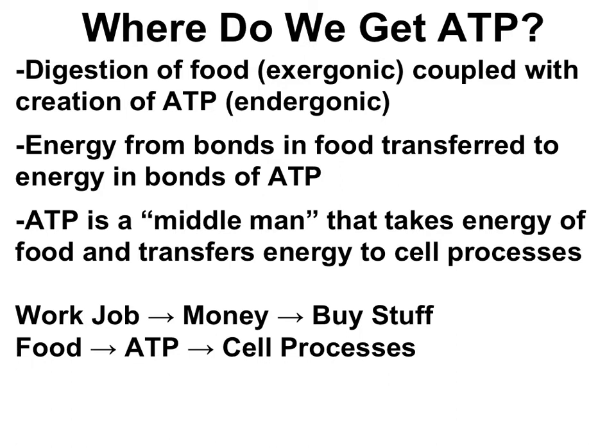Another way to think about this is that the energy in our food is used to make ATP, and a lot of the energy from the food is stored in those high energy covalent bonds between phosphates. But here's the deal. ATP isn't the final resting place of energy. ATP is just a temporary holder of energy. The energy stored in ATP is used to do so many different cell processes.